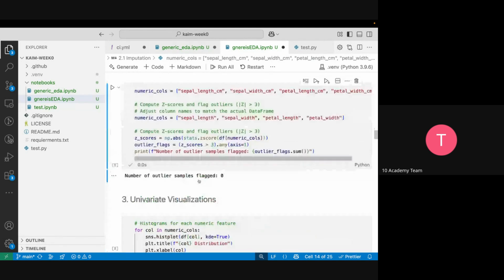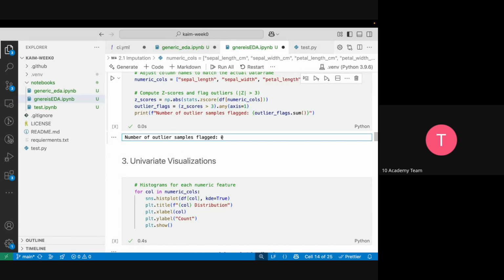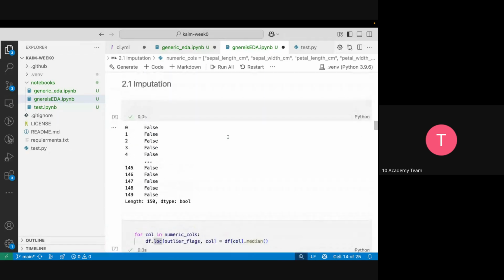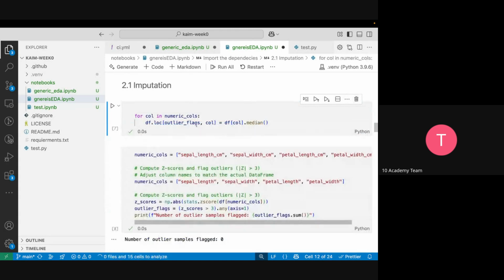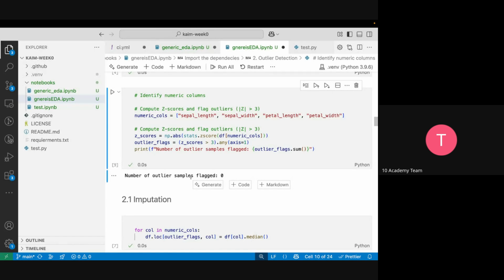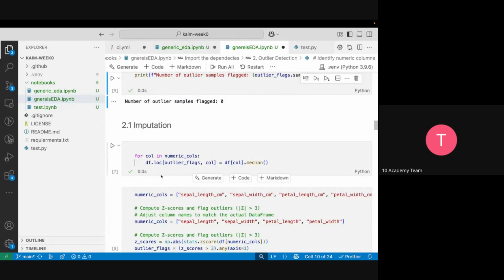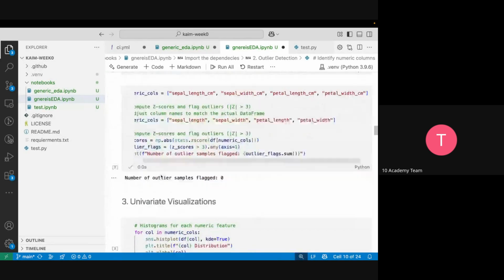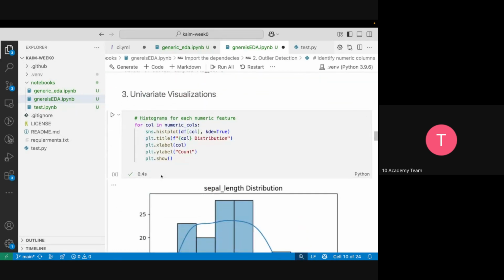If I run the above code again, we can see that the outlier is fixed or removed. We had one here, but if you run it again, you're going to have 0 because we have imputed the median value in there. So that's how you can identify and handle outliers.